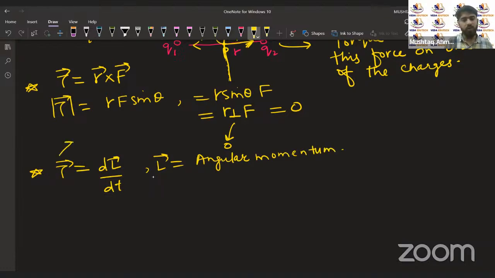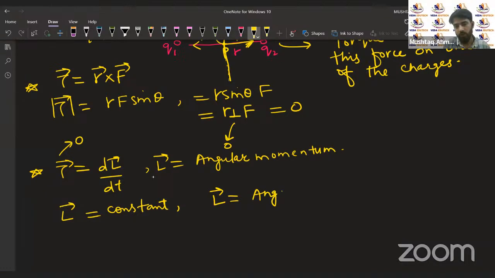So if torque is 0, it means that angular momentum is also constant. So in this case, L, that's angular momentum, is a conserved quantity. So here angular momentum is a conserved quantity.